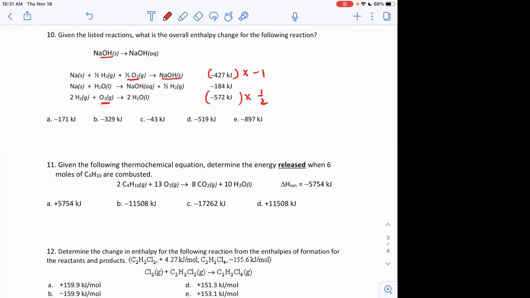One thing you can do though, I've had students wind up with their end reaction, when they add everything up, as 2 sodium hydroxide solid goes to 2 sodium hydroxide aqueous. And then they'll divide that by 2. You can do that, because the answer you get will be double of what it should be.